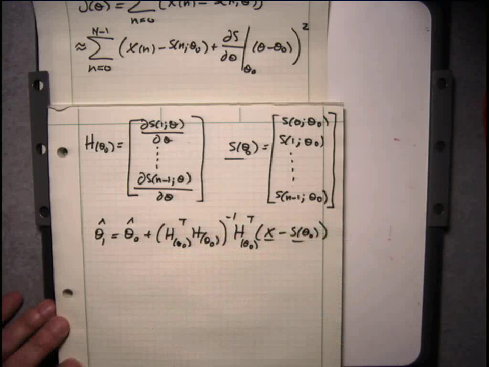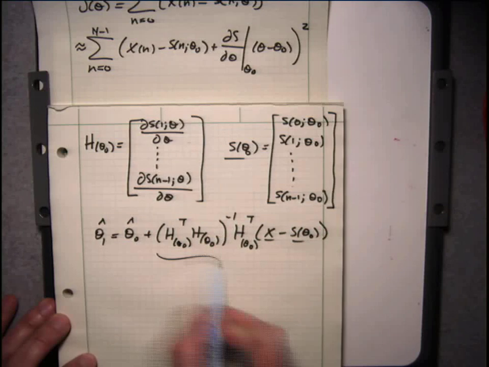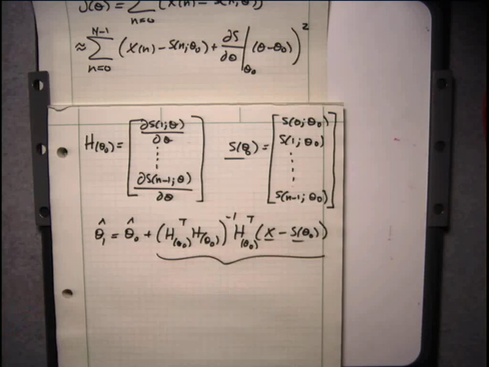This is very much like the least squares solution that you had before, and this is just the prediction error.